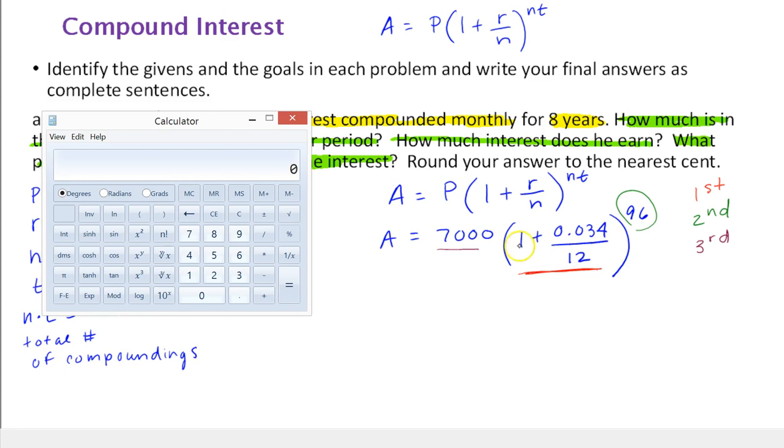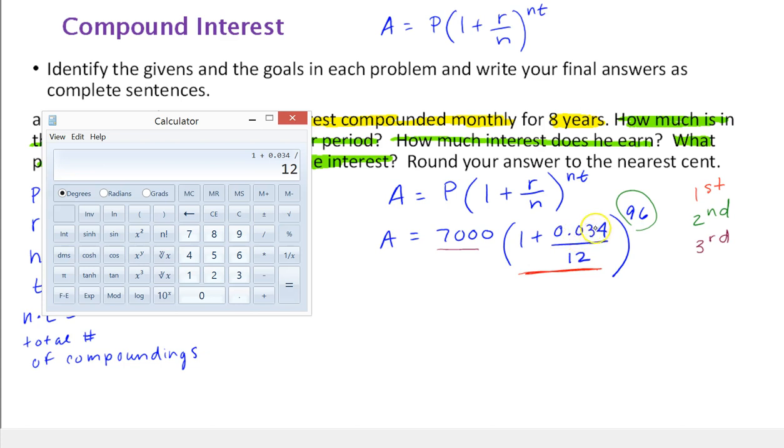Okay. Now first the part in the parentheses. Remember our 1 represents 100% of the principal. And now we're going to add the interest rate, 0.034 divided by 12. This piece here is what we call the periodic interest rate.